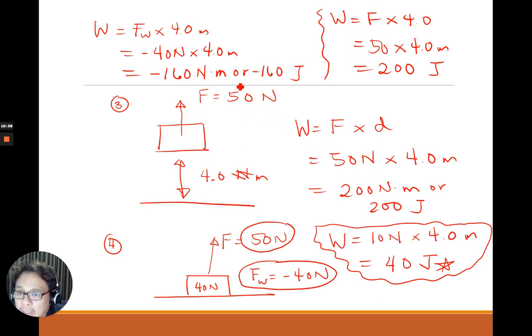Now this work here, the negative 160 joules, is what we call the work done by gravity. So if the question is just asking for the work done by gravity, then this would be the solution. And if it's asking for the work done by the 50 Newton force, then the answer would be 200 joules. And what is the total work? It's going to be just 40 joules, the net work that was done.